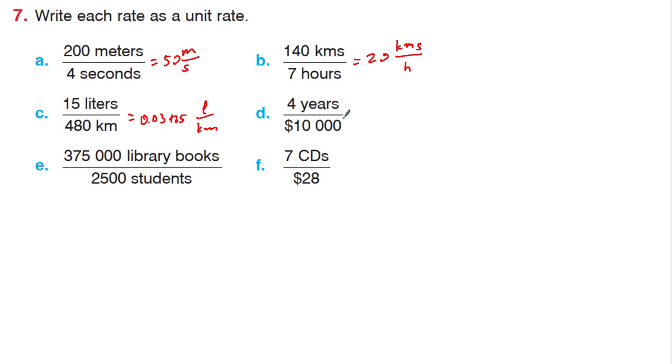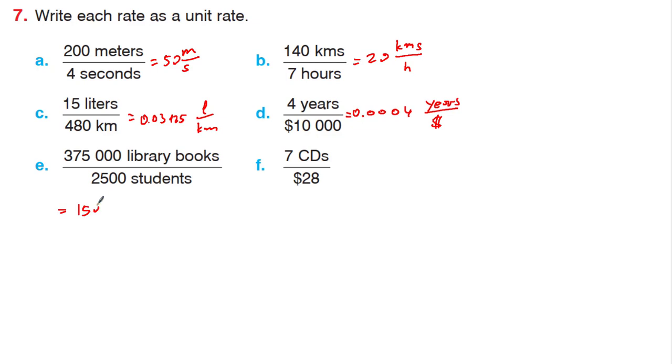Next, 4 years over $10,000. You divide 4 by 10,000, that is 0.0004 years per dollar. Under E, you get 375,000 library books per 2,500 students. So how many books per student? 375,000 divided by 2,500.